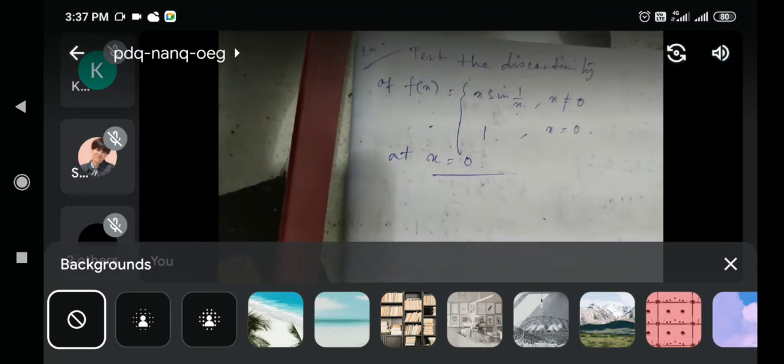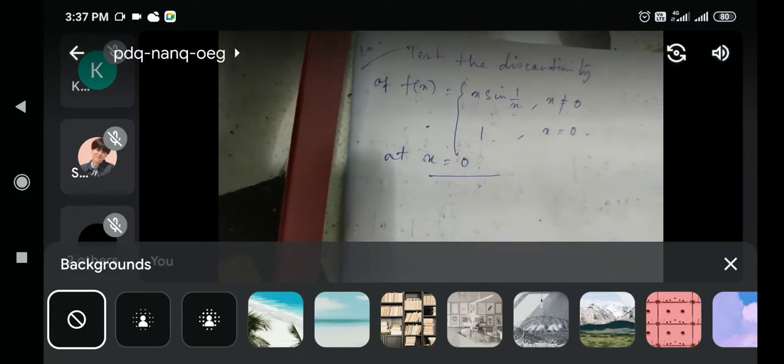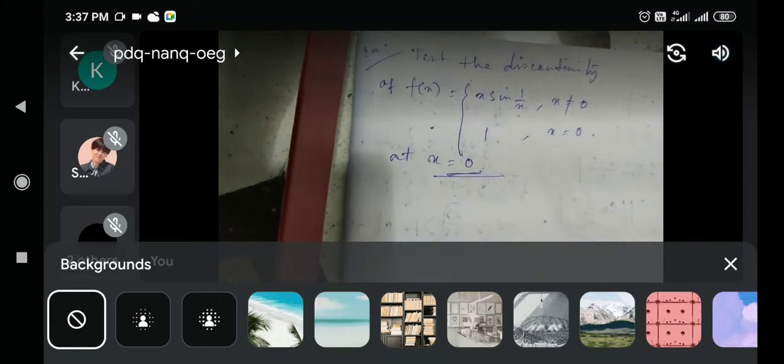Okay, that means we have to check the left hand limit at the point 0, then right hand limit at the point 0, and then the functional value at the point 0.